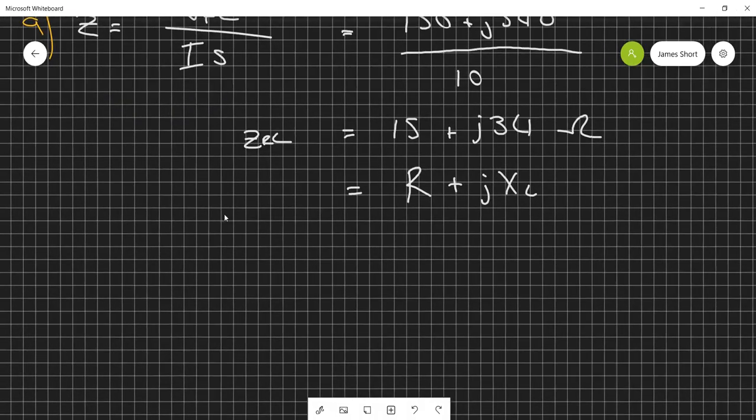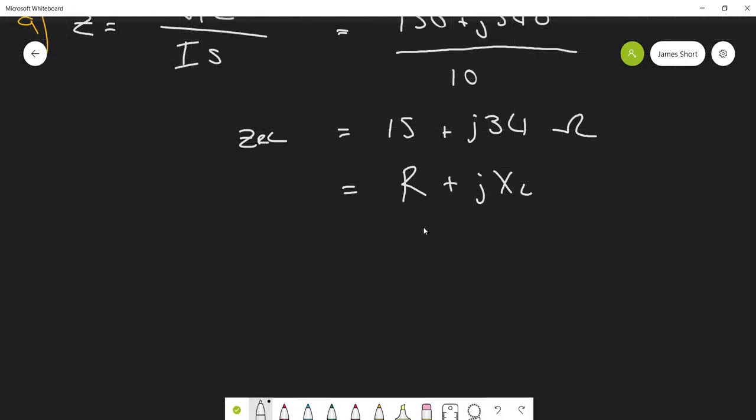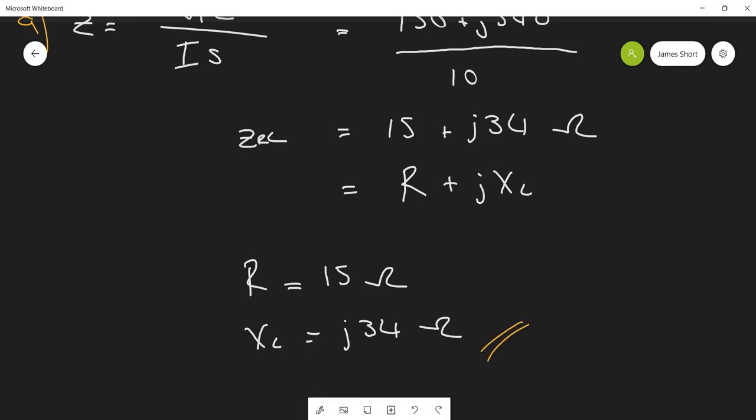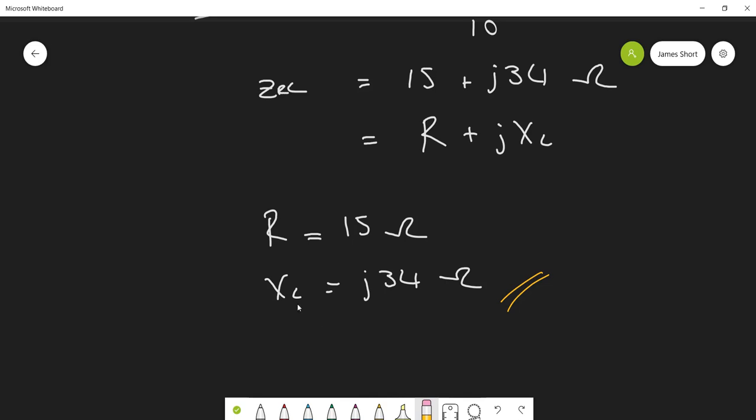So we can just compare that R must be 15 there, so R is equal to 15 ohms, and XL must be J34. Sorry, that's ZL.